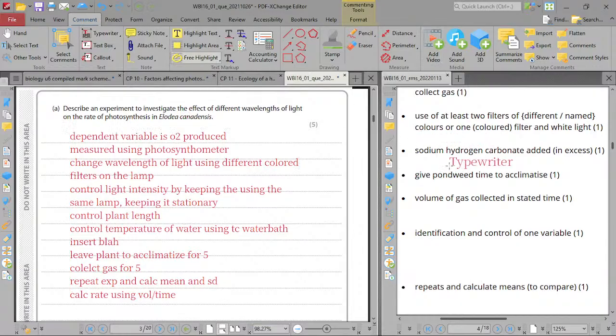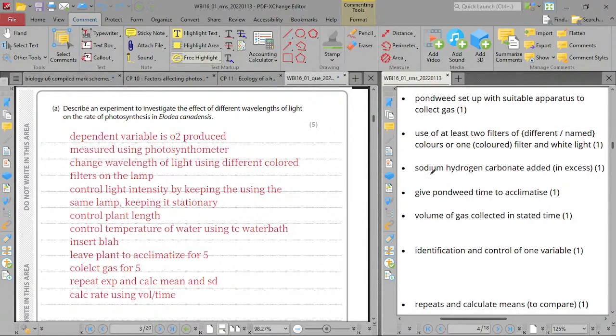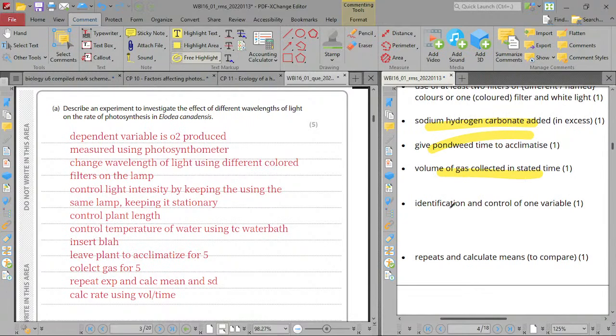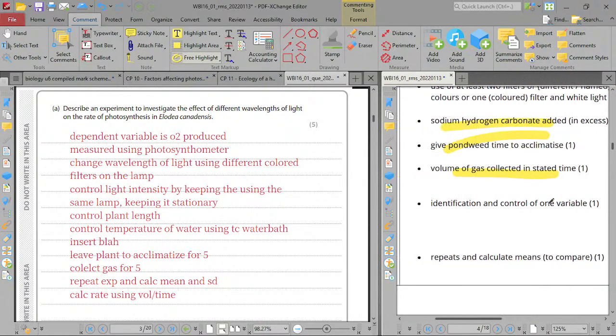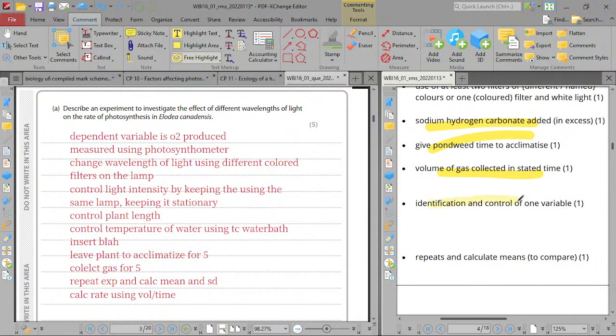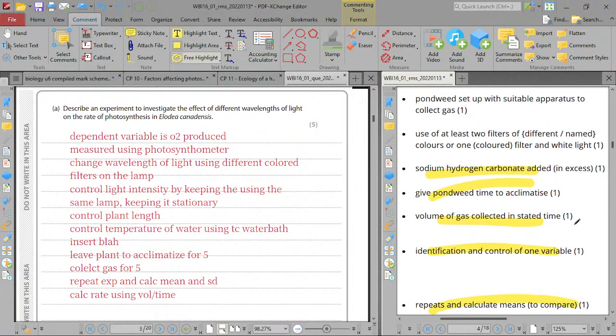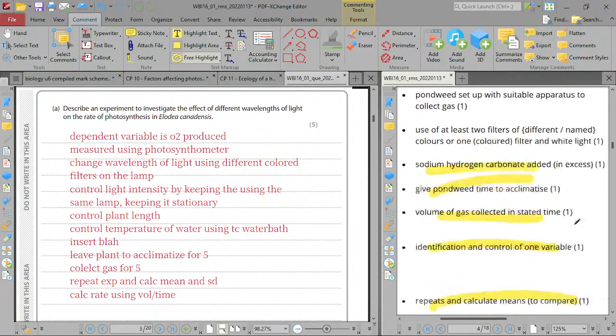I don't know necessarily if we wrote this or this, but we did write this. Identification control of one variable, temperature using heat shield. I mean, a water bath should be fine. The repeat and calculate means, so that's 5 marks right there.